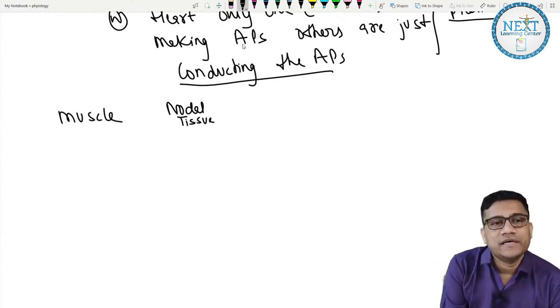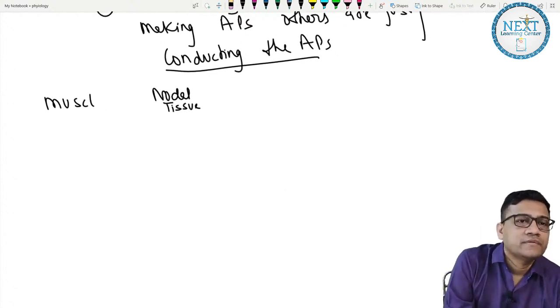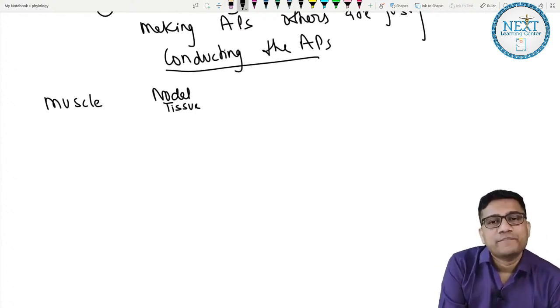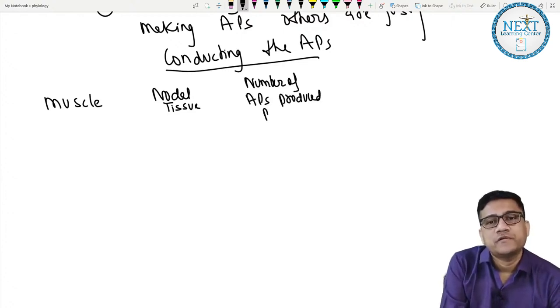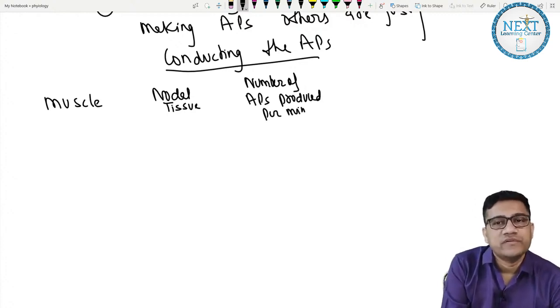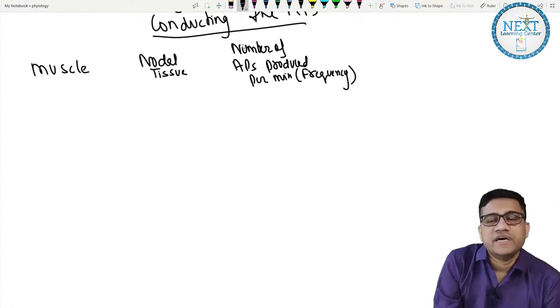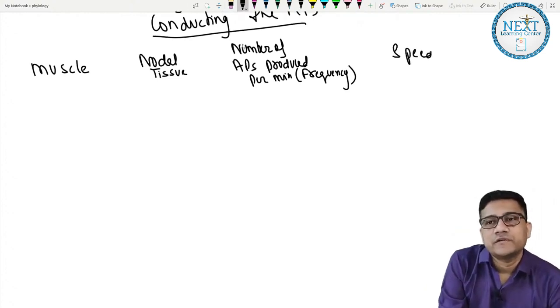Then here write the concept: the number of impulses, that is frequency, or number of APs produced per second or per minute. And last we have the speed of conduction.